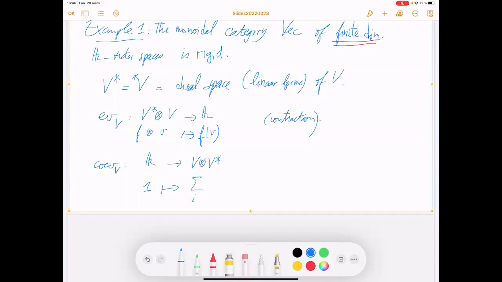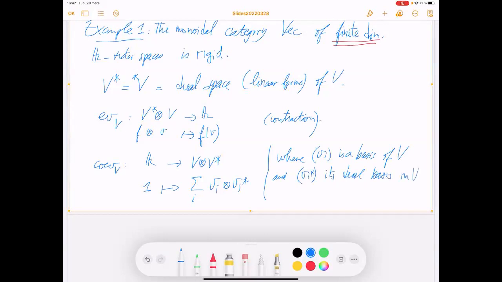You define it like that: the image of 1 will be the sum of V_i tensor V_i star, where V_i is a basis of the vector space V, and V_i star its dual basis in V star.